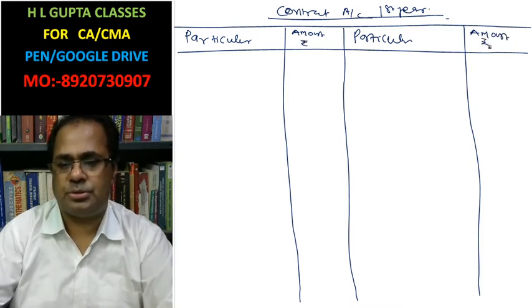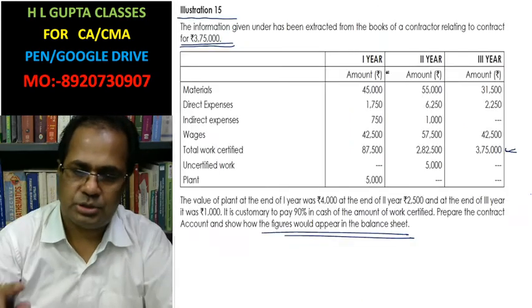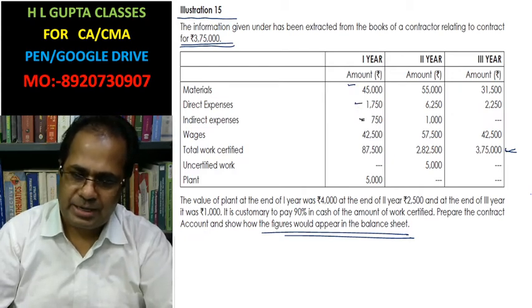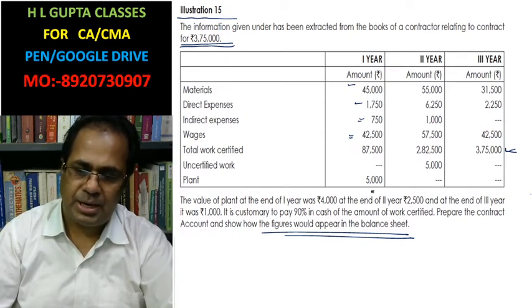What are the expenditures in the first year? Raw material 45,000, direct expense 1750, indirect expense 750, wages 42,500, total work certified, uncertified, and the plant is given.